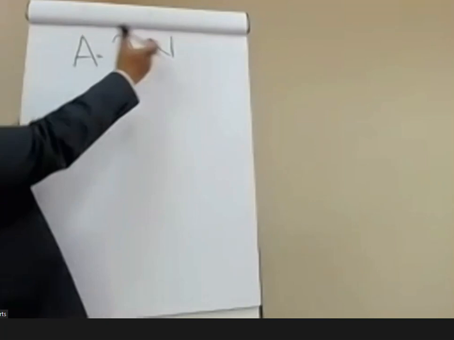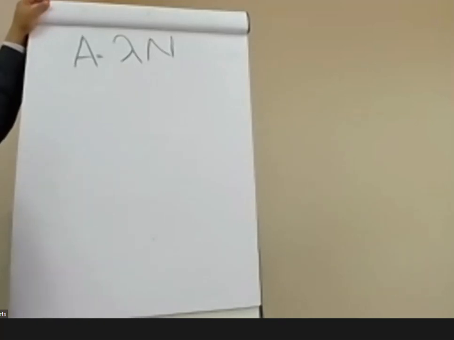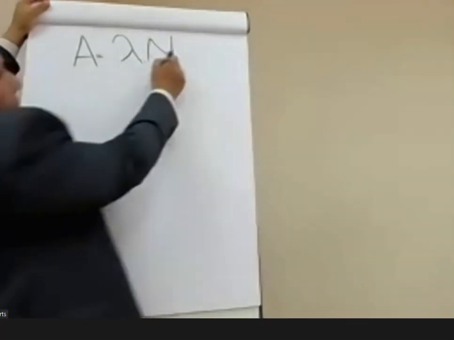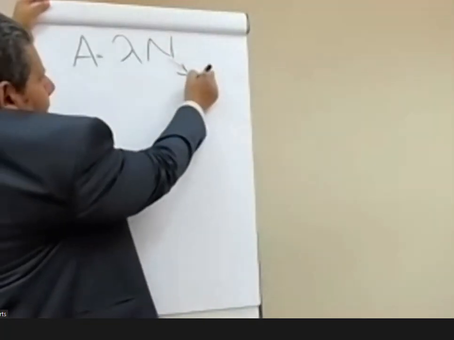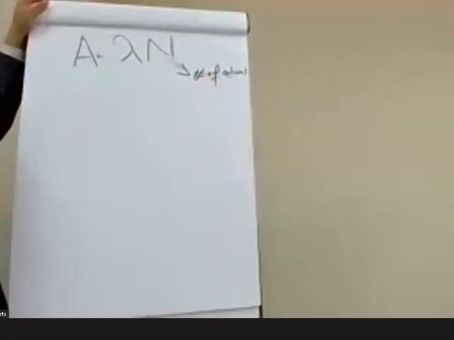What is the activity? You multiply this by this, and you get the activity. But before we go to the problems and make some examples, let's take a look at this lambda. This is the number of atoms in the sample, the radioactive source.